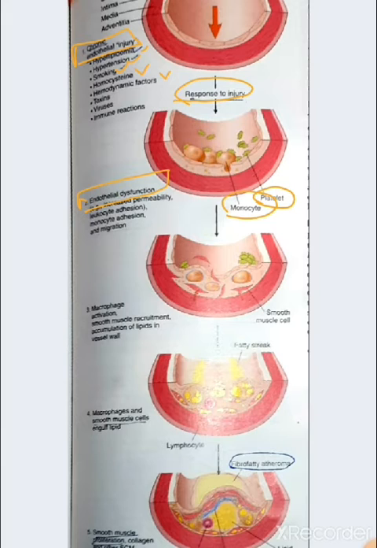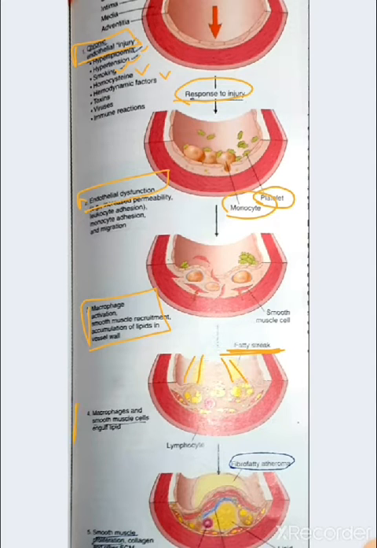The next step will be macrophage activation, smooth muscle cell recruitment, and accumulation of lipid in vessels. So this is the third step. Now fourth, the fatty streaks are present in this step because macrophages and smooth muscle cells engulf the lipid. These yellow lines are the fatty streaks.